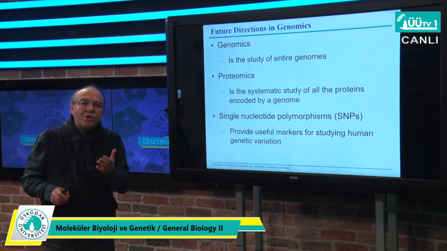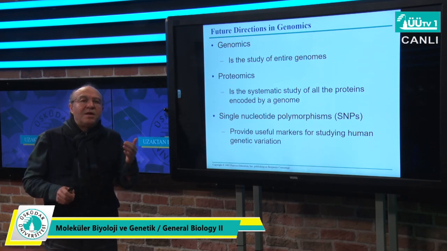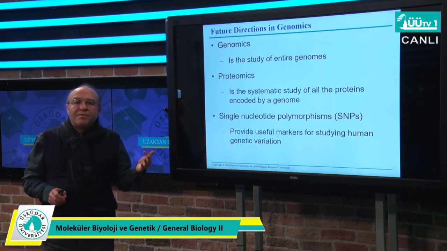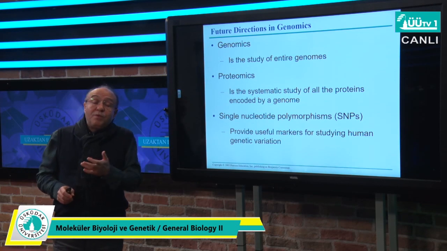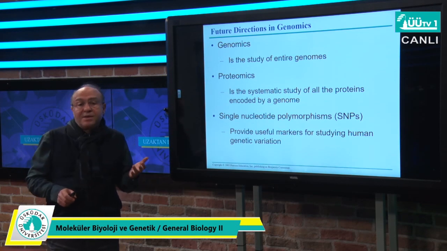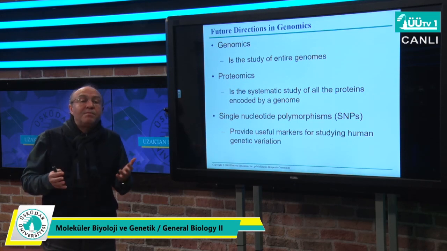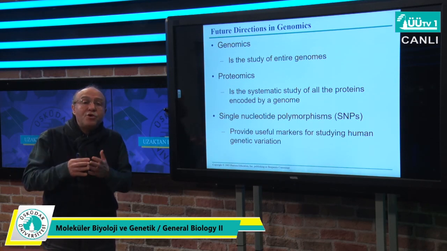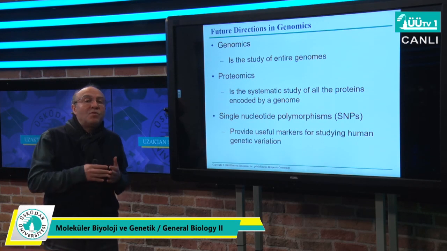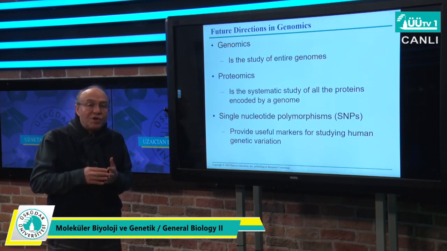As you know, every life science, it could be medicine, pharmacy, agriculture, or basic biological sciences, and the other sciences must combine or merge their knowledge with molecular genetics and genomics.